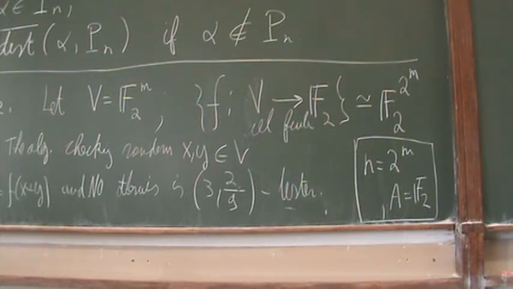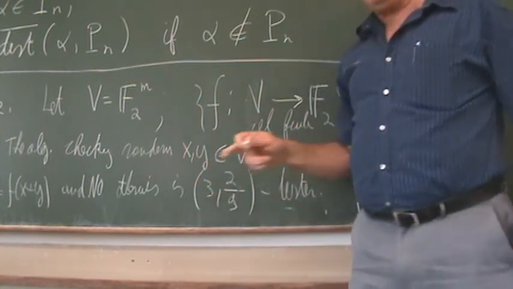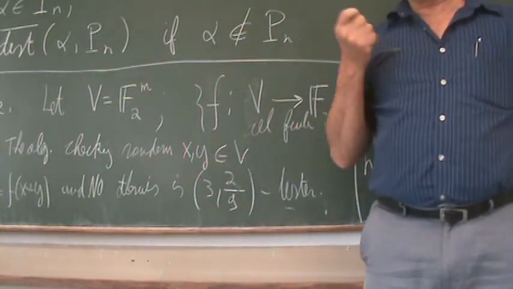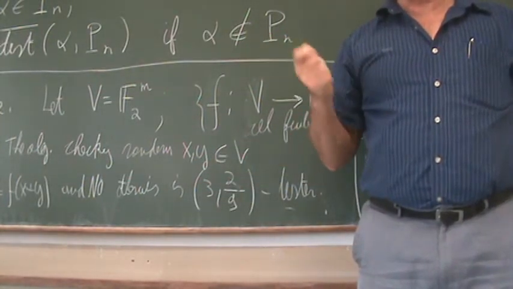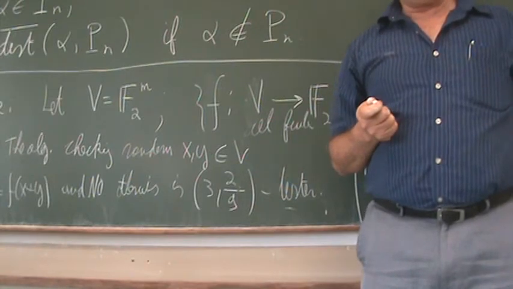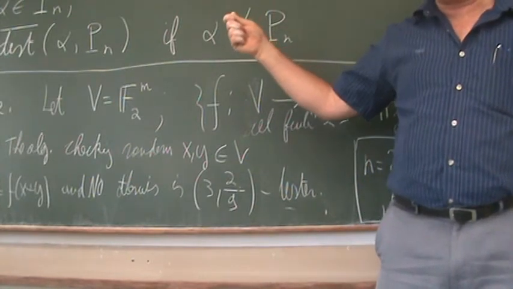Let's say you tell me you want that the number of bits in which it's different from linear is not more than 1%. Which means that the normalized distance is 1/100.